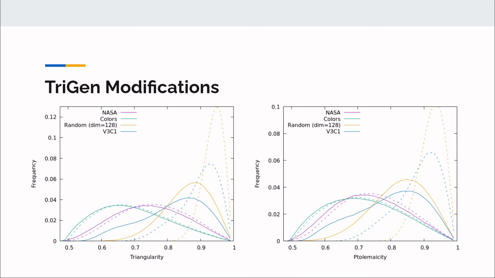In the next figure, we can see the same datasets, but this time, instead of distance distribution, the triangularity, respectively Ptolemaic on the right side, distribution. Again, we can see that a high number of almost equilateral triangles, or regular tetrahedrons, can be transformed into more squeezed variants, as we expected.